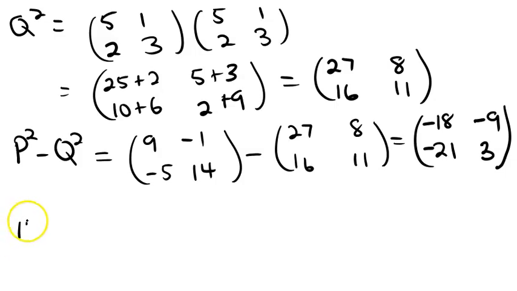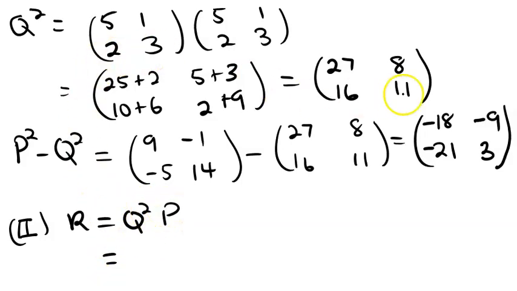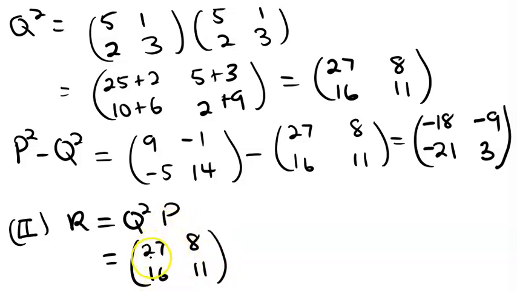And then part II, we have to find R is equal to Q squared P. Now what is Q squared? Q squared, we had 27, 8, 16, 11 times matrix P. Matrix P is minus 2, minus 1, minus 5, 3. Let's multiply them.